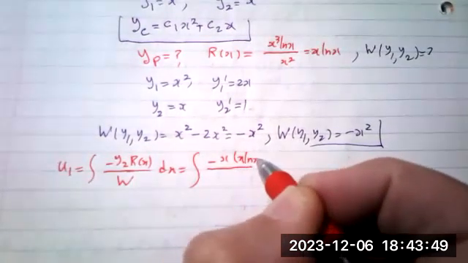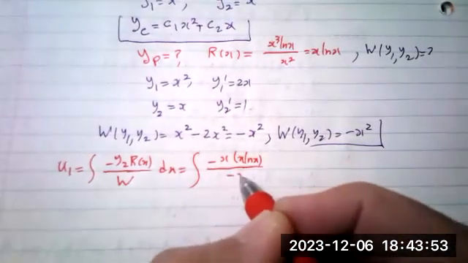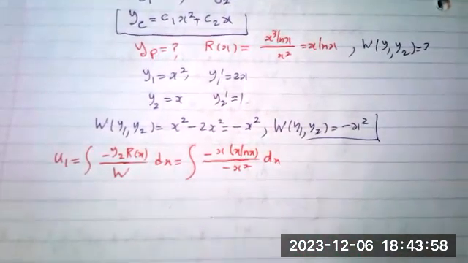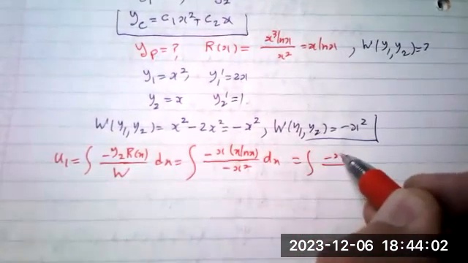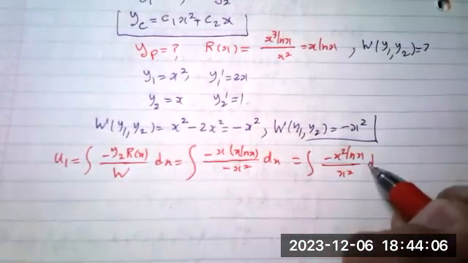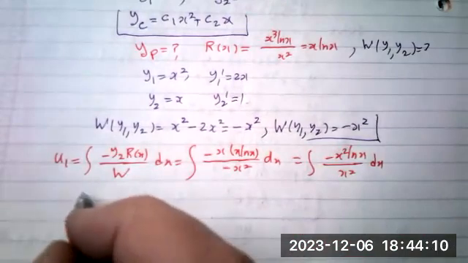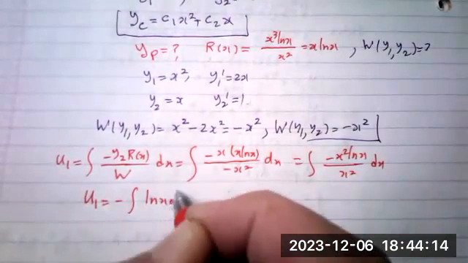The Wronskian is negative x squared. On the top, that gives a negative x squared ln x, divided by x squared, dx. You simplify it, you end up with the integral of ln x dx.